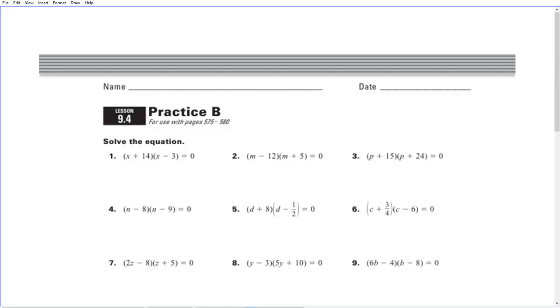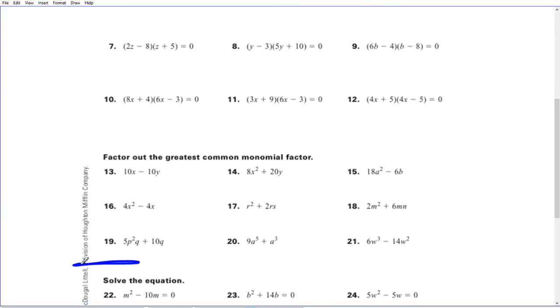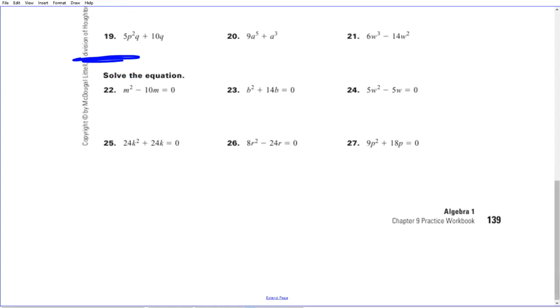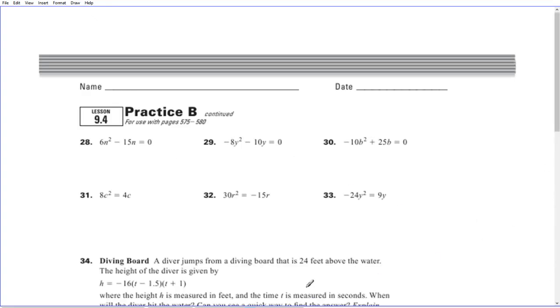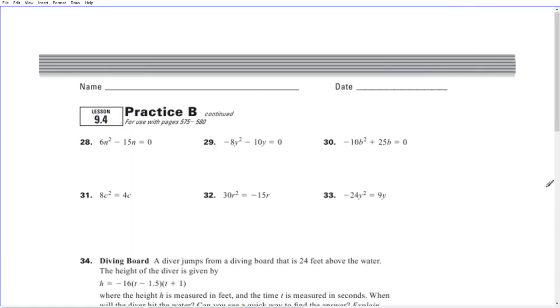Now, in class yesterday, I had you working on up to number 21 because that's what we covered yesterday. We have now covered up to number 33. Let's see my time. 24 minutes. So at this point, we probably have about 10-ish minutes of class left.